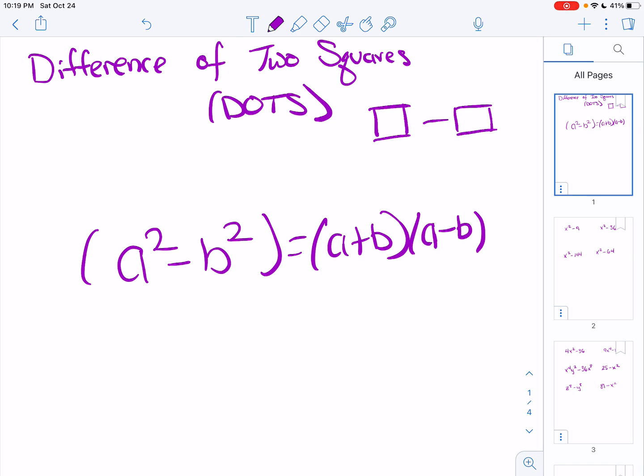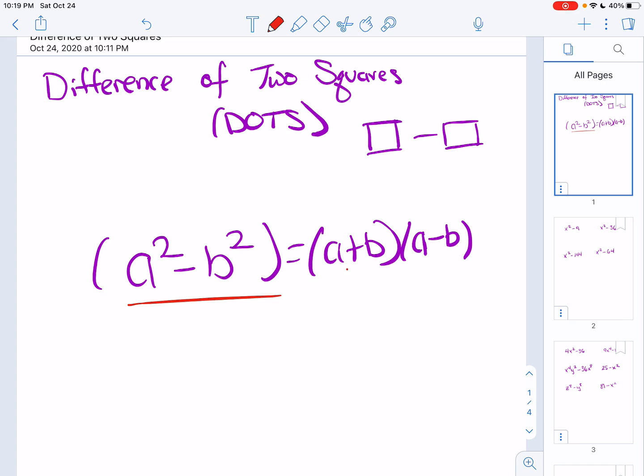So anyway, the formula for difference of two squares looks like this: a squared minus b squared. If you have that situation, you have (a plus b)(a minus b). One of the things that's really important is that we're always going to have a plus and a minus. The way I like to do it is, whenever I know I have to use it, I make my two brackets.